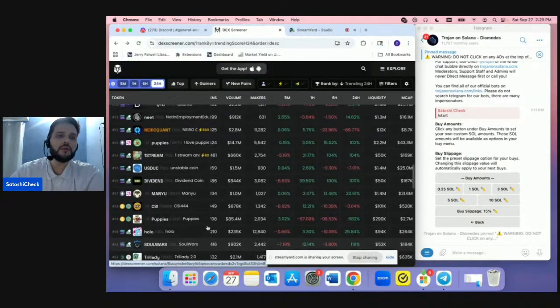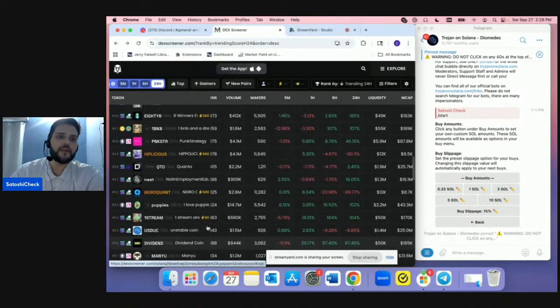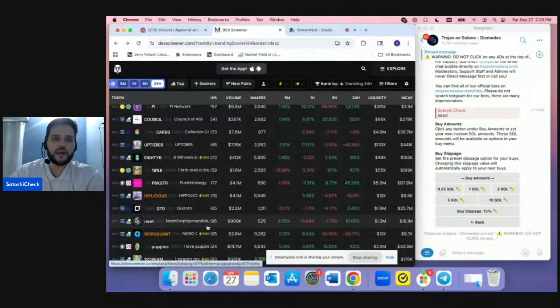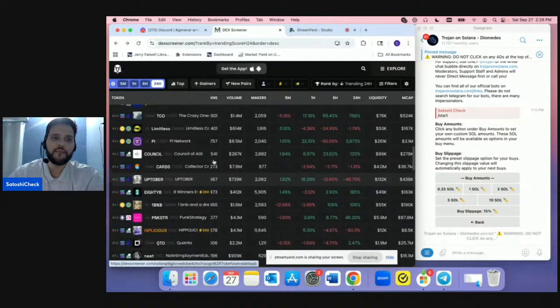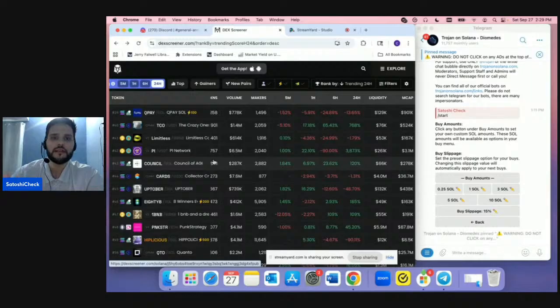What you want to look at is open interest across socials, is what I do. I look for any sign of the devs actually working to get that project out there. That is the main thing I'm looking at. Is the dev working? Is he or she putting things up on X?